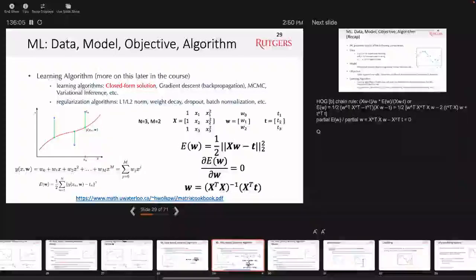Let's go back to an example. If you have V transpose times V, and you want to take the gradient of this one with respect to V, what you're going to get is actually just 2 times V. Okay? This is actually very similar to a scalar case, right?